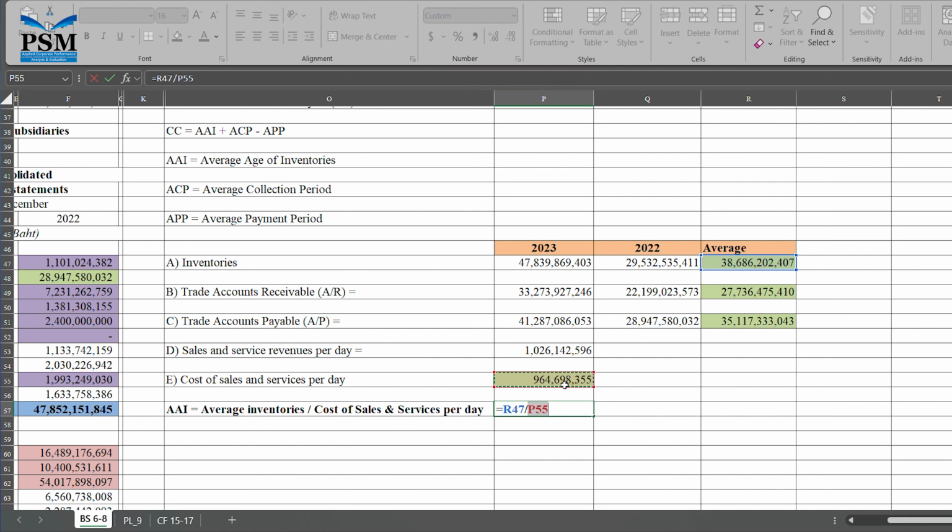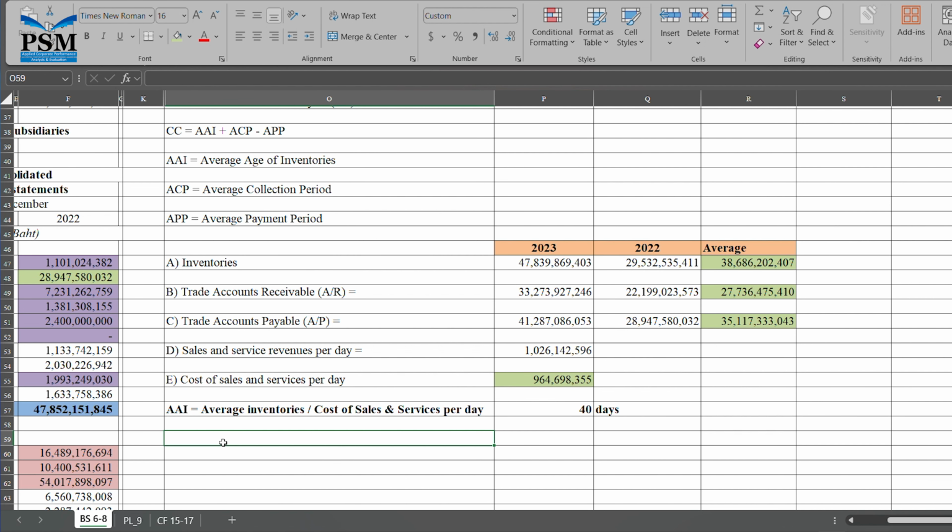We get 40 days. The unit is days, meaning it takes this company 40 days to produce or buy the goods and sell to the customers. On average, sometimes fast, sometimes business is slow, but on average, it takes this company, Panchak Corporation, about 40 days to deliver the goods to its customers.